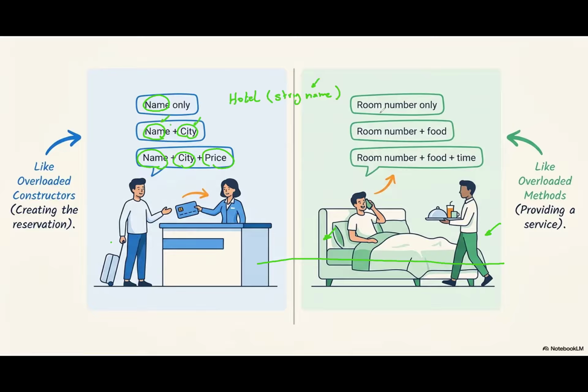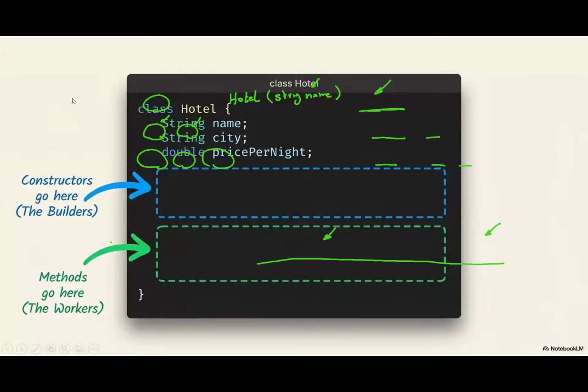But with methods also, we do overloading. We will see the difference. I'm able to call a method with the room number only, or I can call it with the room number and the food, or with the room number, food, and time. How does this look? How can I compare it to the constructor?